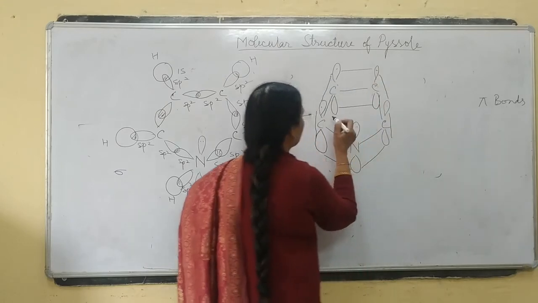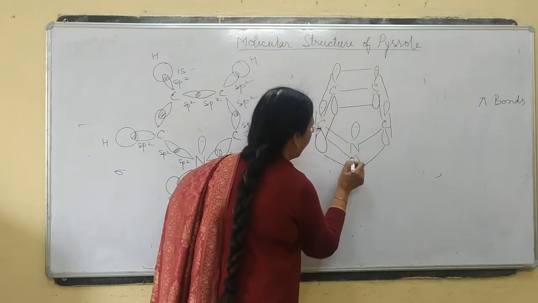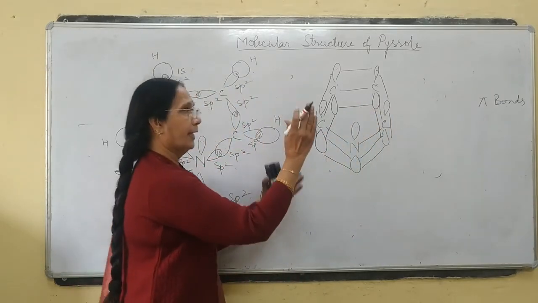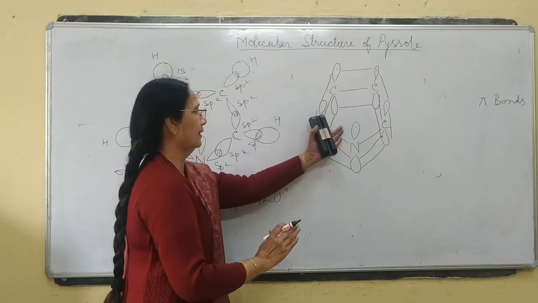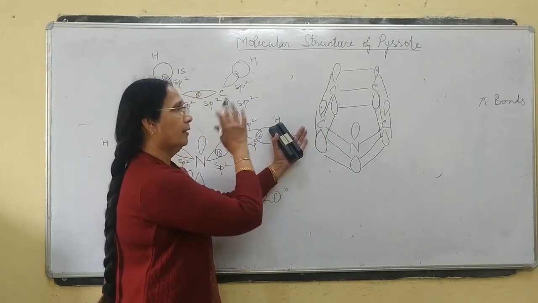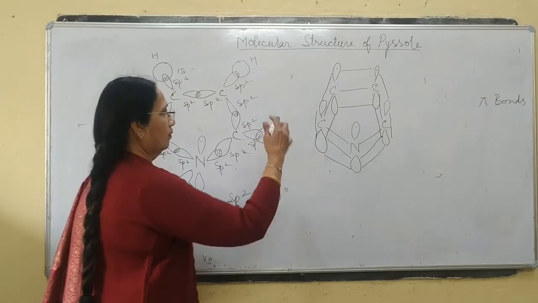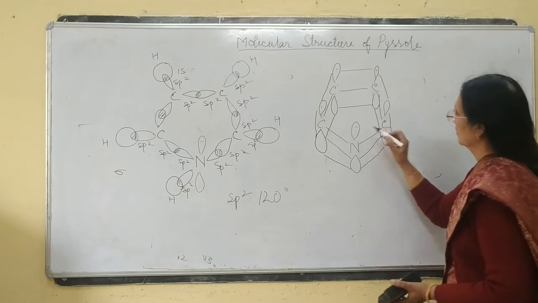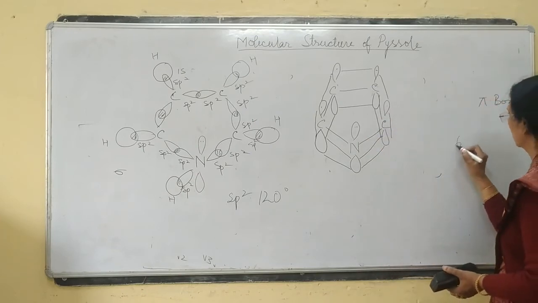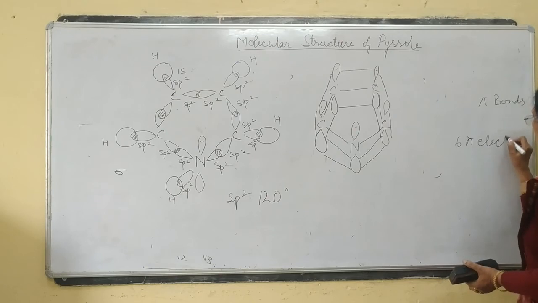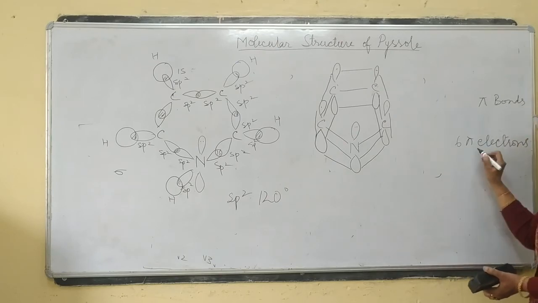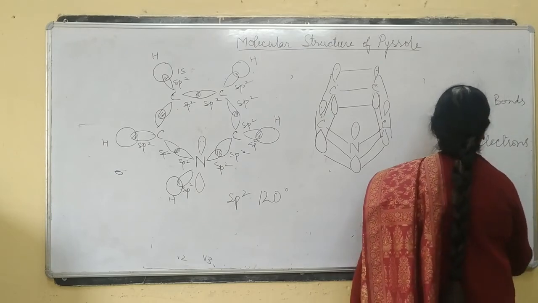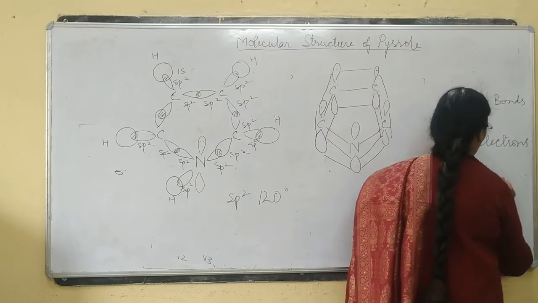They exist above and below the plane of the board, forming a sextet of electrons. These 6 pi electrons show the aromatic character of pyrrole.